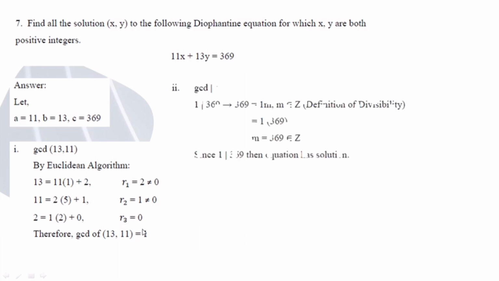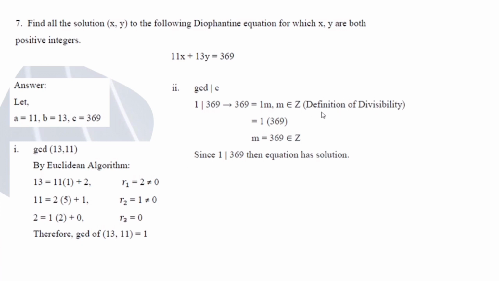Now, for the second step, we write GCD divides C, where from the previous part the GCD equals 1 and C is 369. So, here we write 1 divides 369, where 369 equals 1m, and m refers to an element of Z, which represents the definition of divisibility.